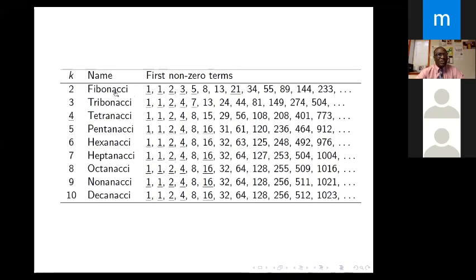If we take k equal to 3, we obtain what we call the Tribonacci sequence, and so on. So what is complicated here, as I said, is that instead of having 1 parameter in the K-generalized sequence, we have 2.